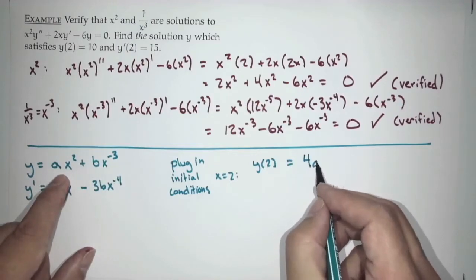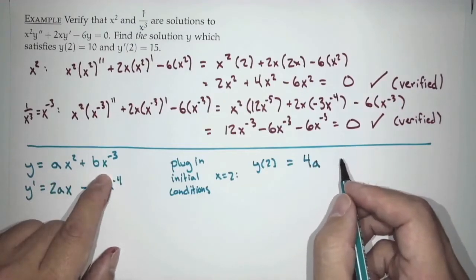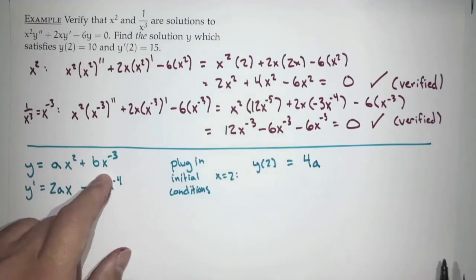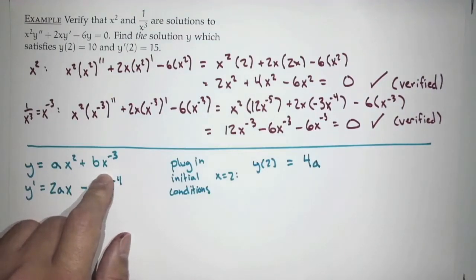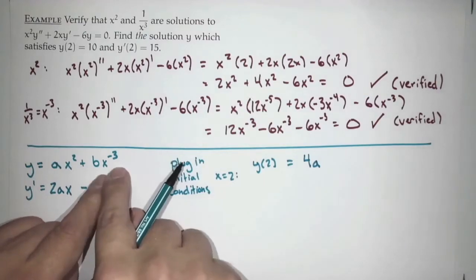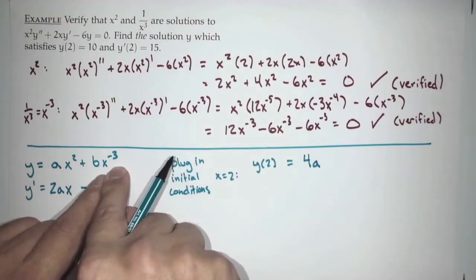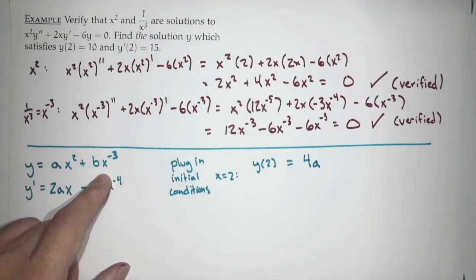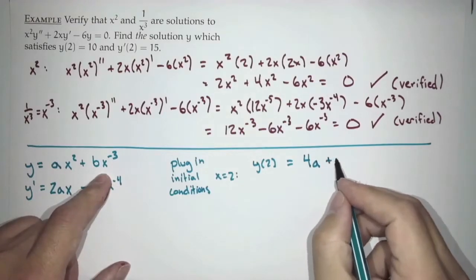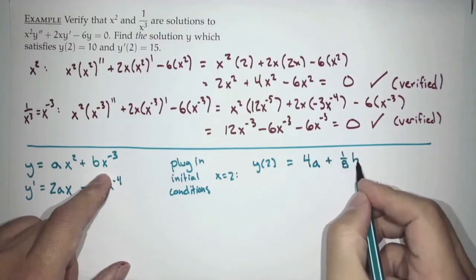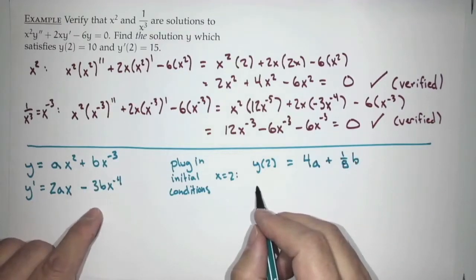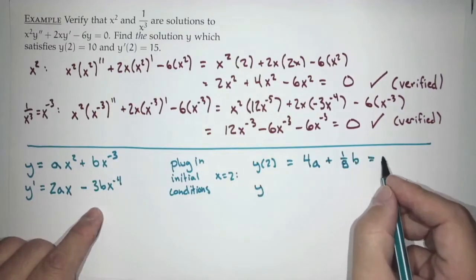4a. And 1 over 8. So x to the negative 3 becomes 2 to the negative 3. That negative 3 means it's downstairs, so it's like 1 over 2 cubed. So that's a 1 over 8. So I can write it as 1 over 8 b. Oh, and that equals 10.